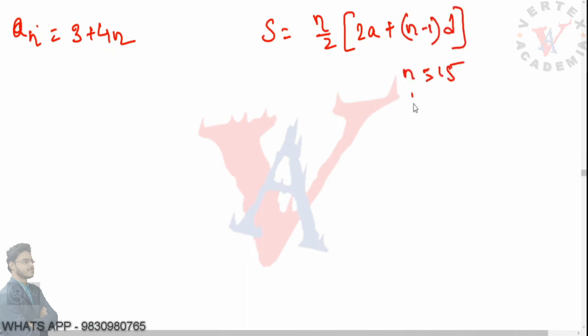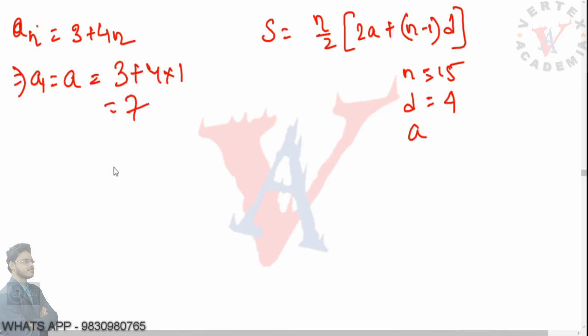We have to find the sum of 15 terms. D we have found as 4. We need a, the first term. To find a, we put 1 in place of n, then we get the first term a1, or a equals 3 plus 4 into 1, which is 7. So we have found all the variables.